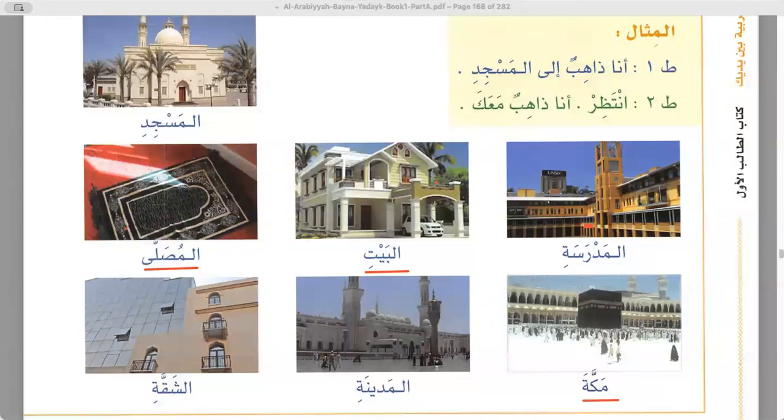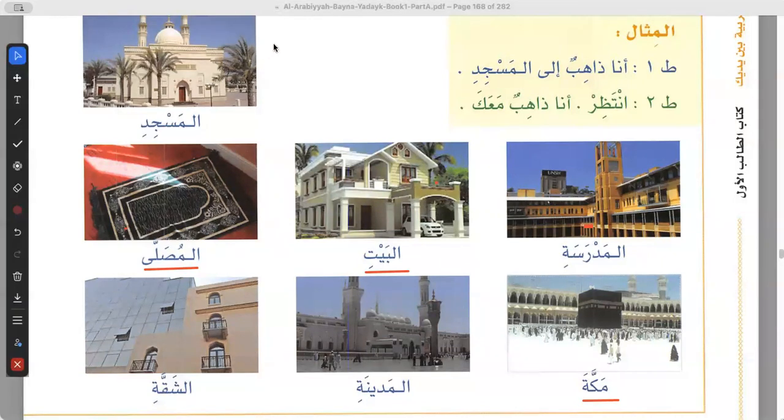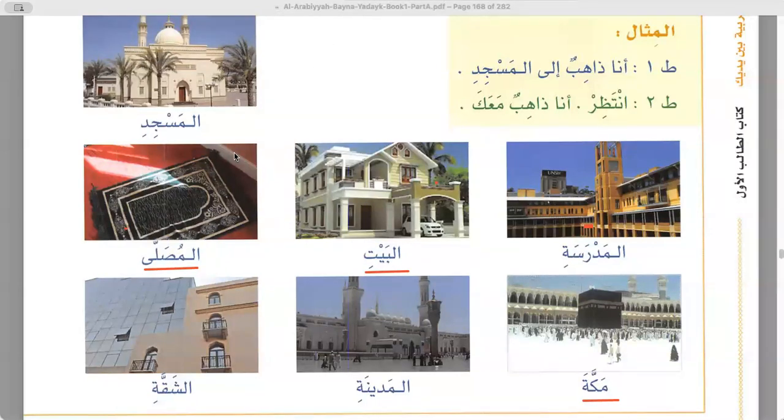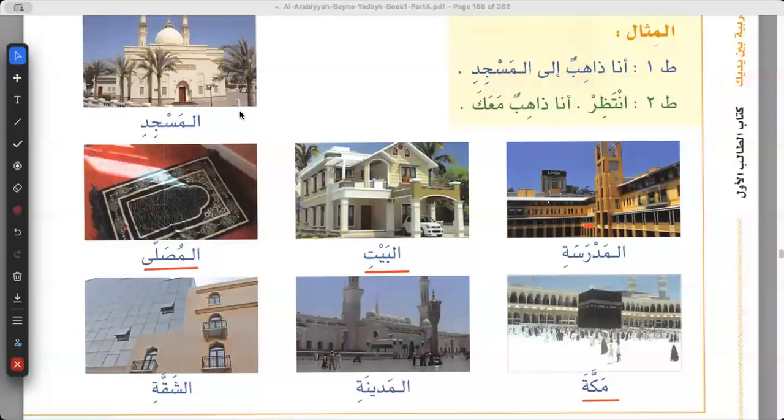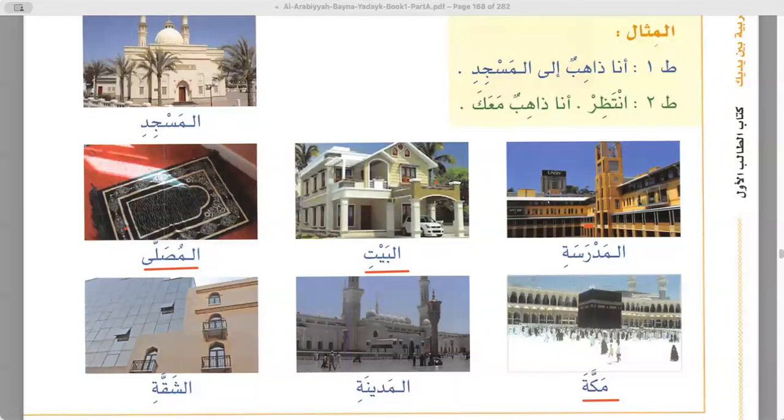Number 363. Are you there? أنا ذاهب إلى المدينة.